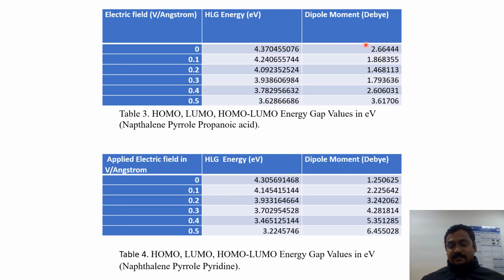You see this goes from 2.6 to 3.6, which also justifies the electronic redistribution after the application of the electric field. Similarly, it is happening in the second system: from 4.3 the gap goes to 3.2, and the dipole moment increases from 1.2 to 6.4.